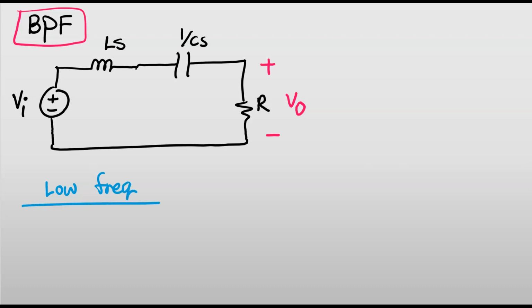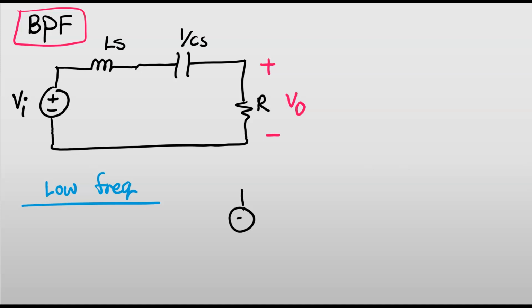So if we are thinking about low frequency, what happens is that the impedance of Ls would be very small because S, or j omega, which represents our frequency, is approaching 0. So L multiplied by something which is approaching 0 is very small. So I'm going to draw my circuit in this form.